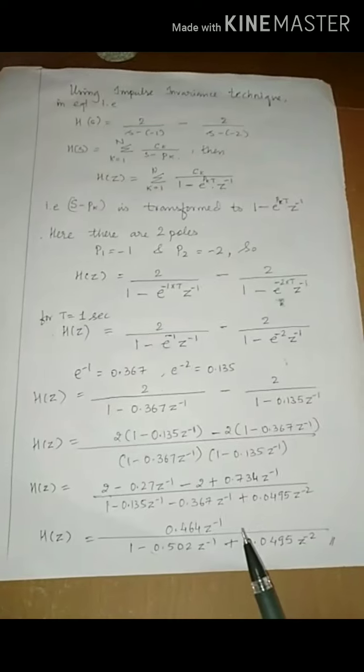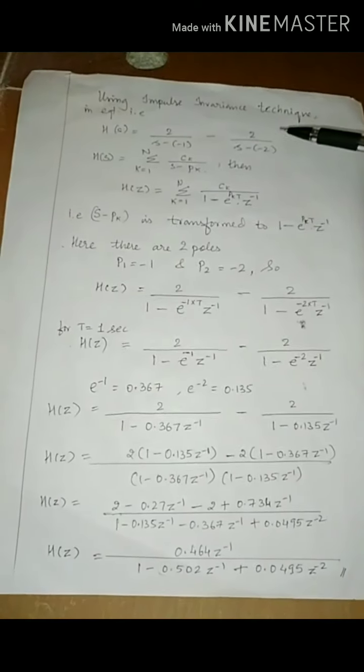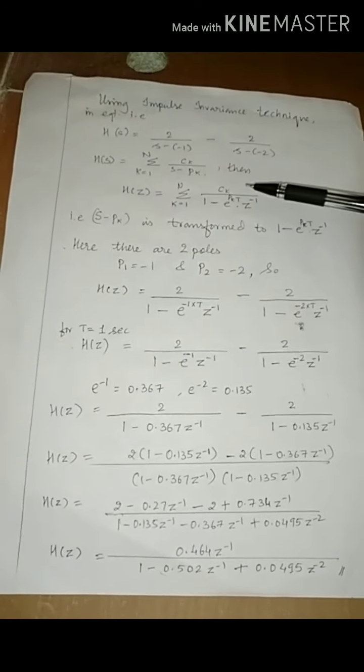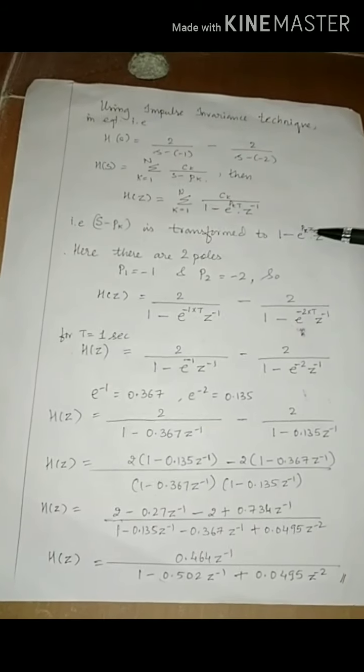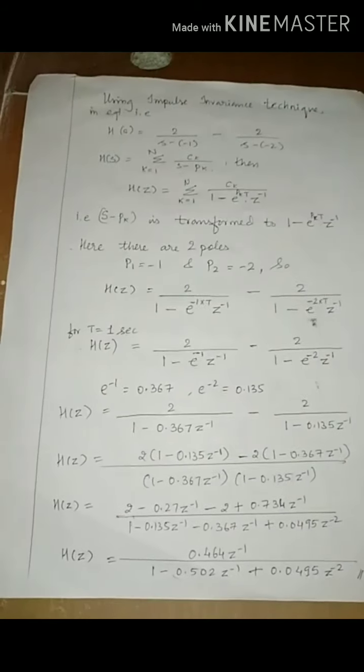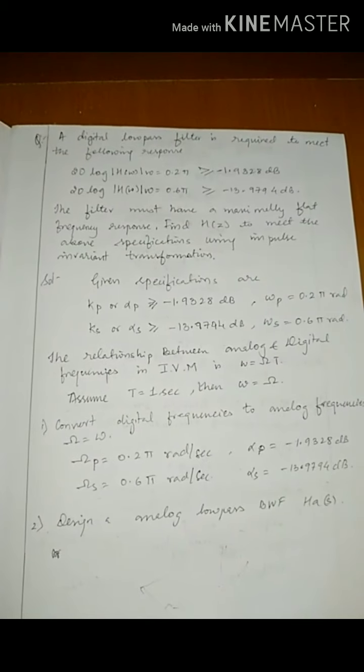So in this problem, he has given you the direct transfer function; find the poles, convert those poles to the digital filter and simplify.